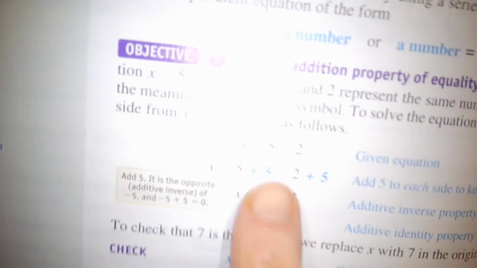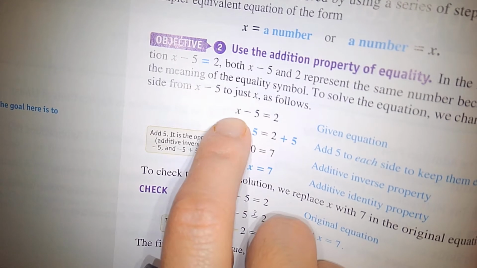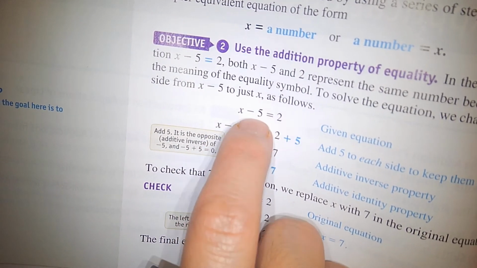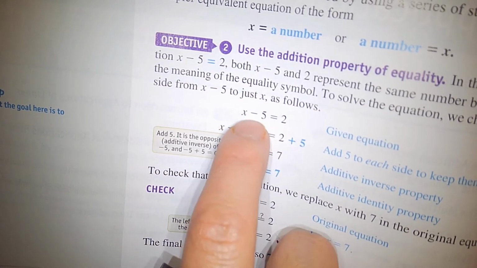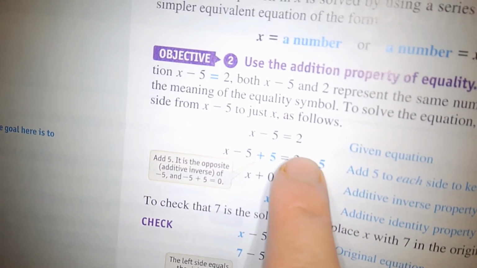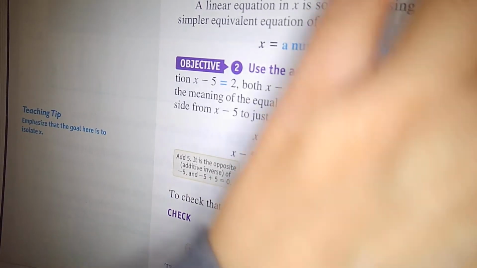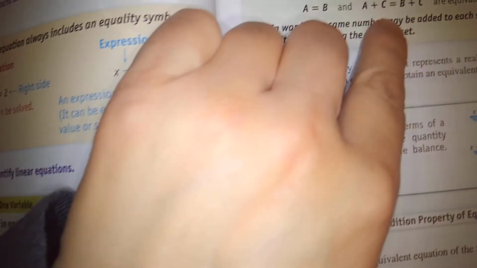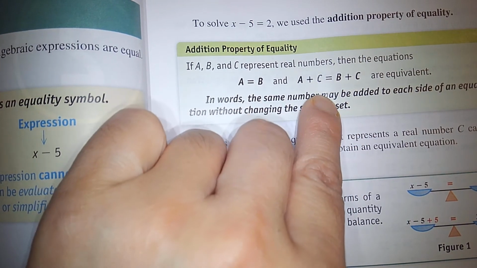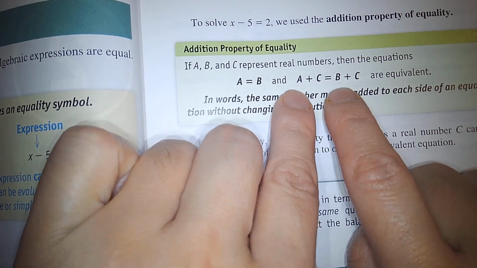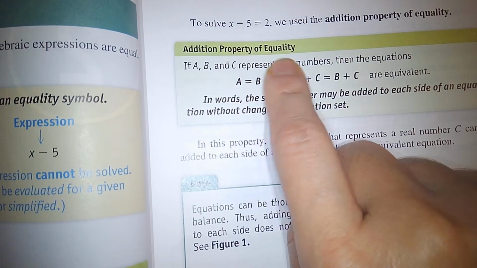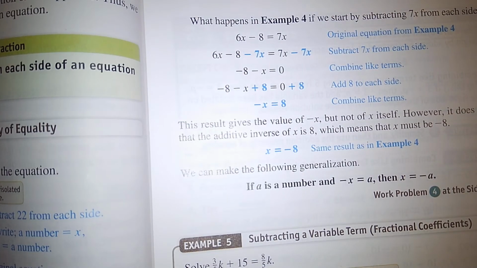Let's take the example x minus 5 equals 2. What is the solution for the equation? x equals 7, right? Because 7 minus 5 equals 2. So the value 7 makes both sides of this equation satisfied, so x equals 7 is the solution. Right, guys? So the addition property tells us if we add the same real number to both sides, the new equation will have the same solution as the old equation.